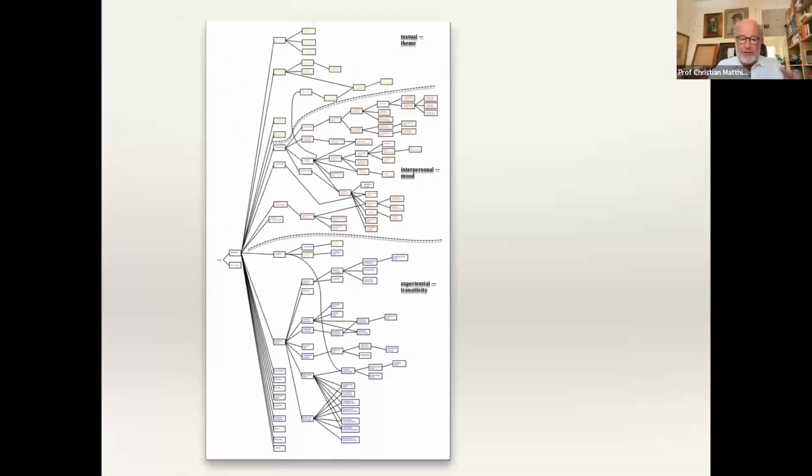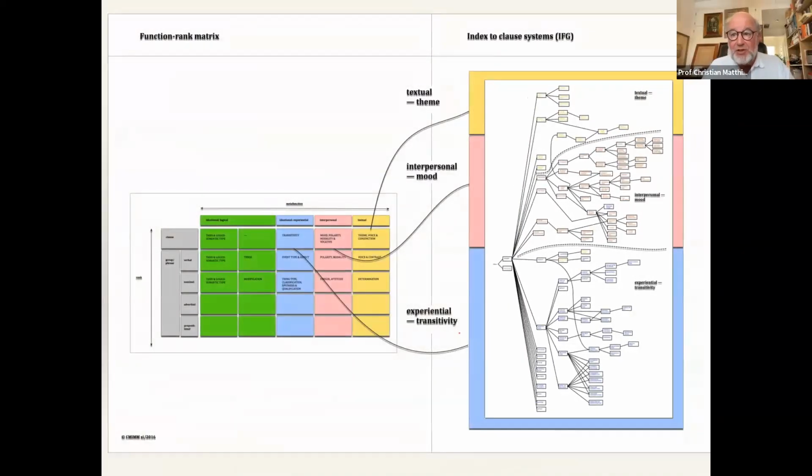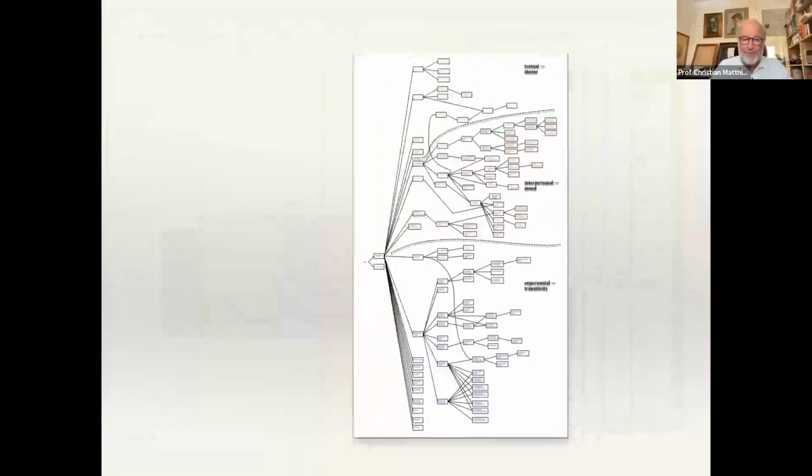And you can locate this in a total map of the language. And in systemic functional linguistics, if you're talking about the grammar, this takes the form of a function rank matrix, with the functions, textual, interpersonal, and experiential for the clause, or for combining clauses, logical, and then the different units, the ranks, from clause to group, phrase, and so on.